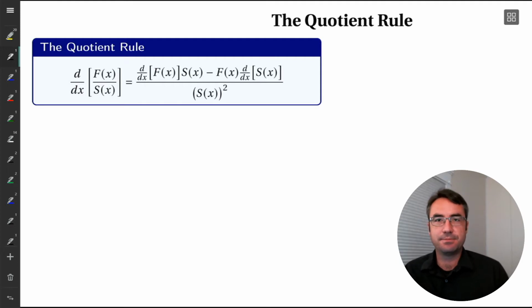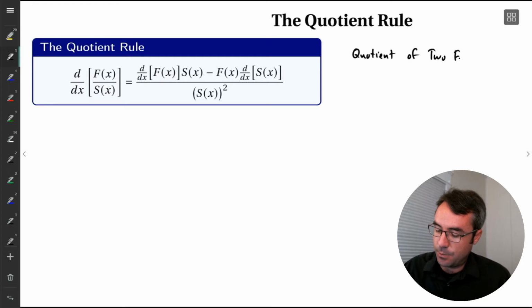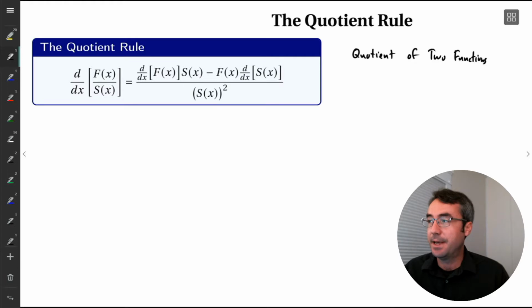So there's various ways you can memorize this formula. You can just memorize it. We'll go through a few different ways to help you remember what the formula says. But really, the first thing that's important is to recognize when you need to use this. We're going to use this when we have a quotient of two functions, and you want to be able to recognize where this happens.